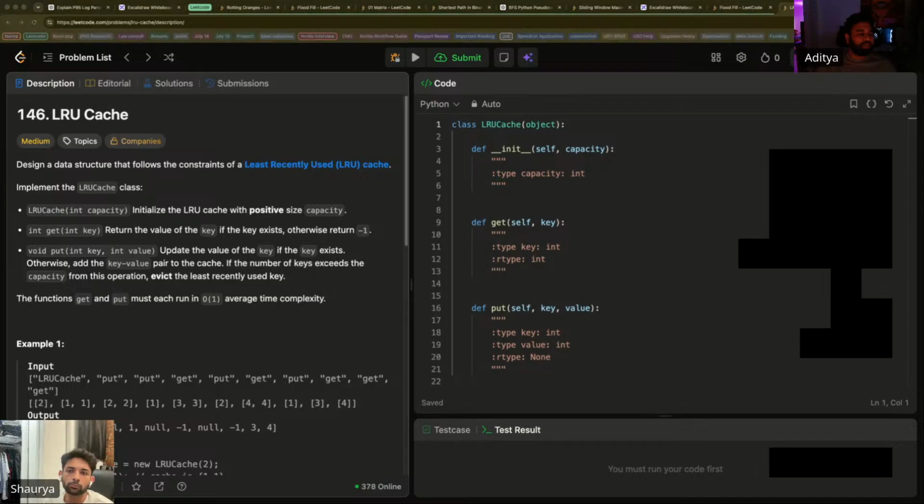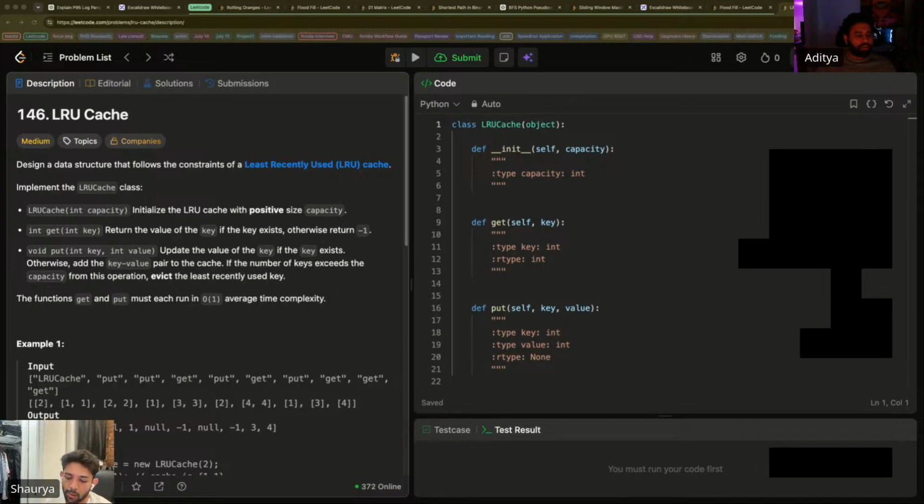Okay, we have to use linked list as it says over here. Initialize LRU cache with positive size int. Get int key: return the value of the key if the key exists, otherwise return -1. Void put int key int value: update the value of the key if the key exists, otherwise add.